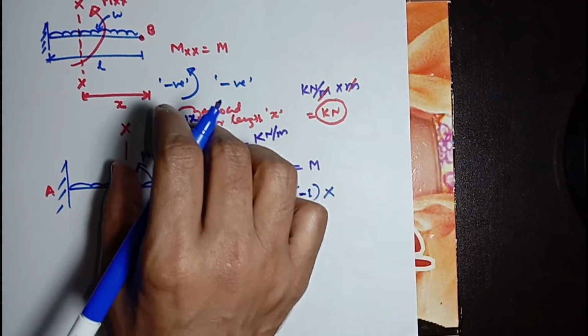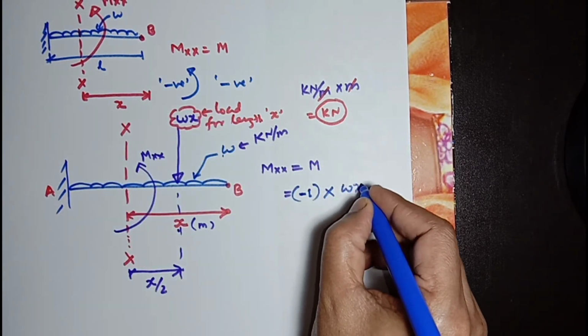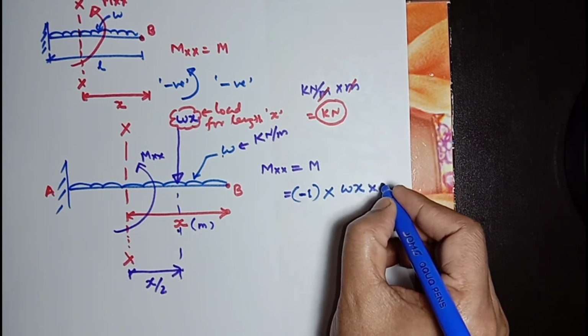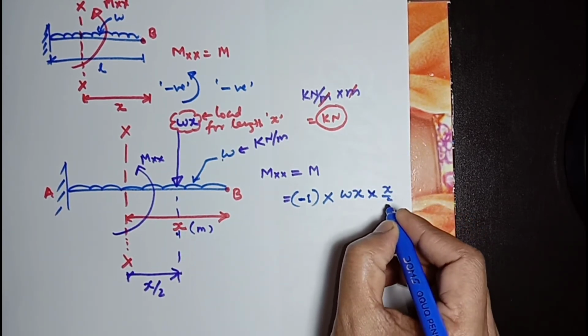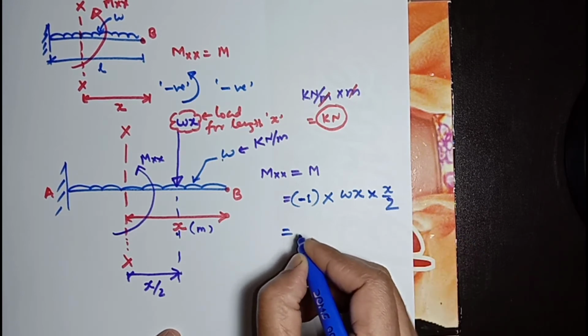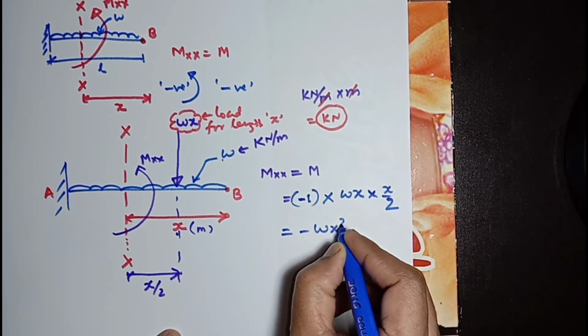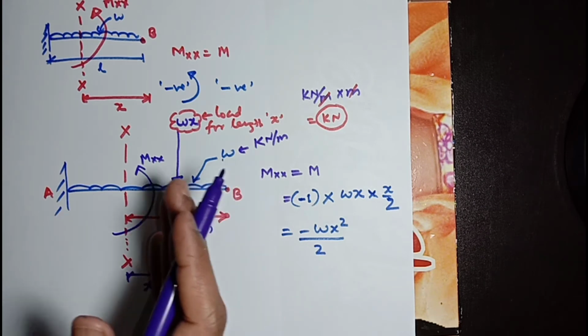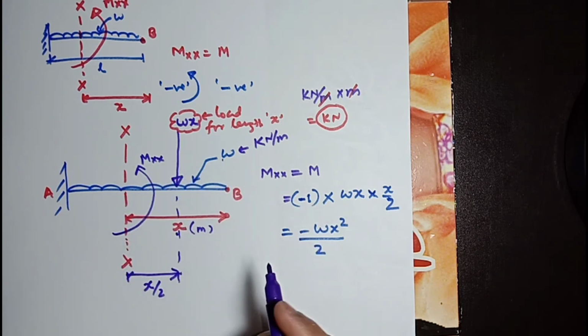Wx is the load multiplied with the distance X by 2 will give the bending moment, so the value will be minus Wx square by 2. This is the general bending moment we have developed at a section XX from point B.